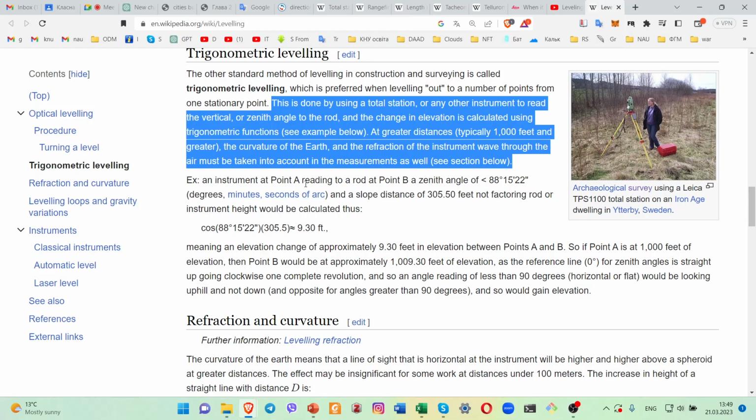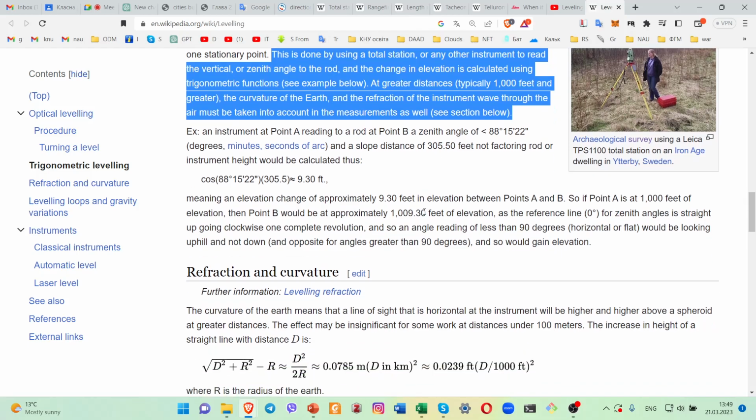Instrument at point A leading to a rod at point B, and a zenith angle of 88 degrees, 15 minutes, 22 seconds of arc, and a slope distance of 305 feet, not factoring rod or instrument height, would be calculated thus.